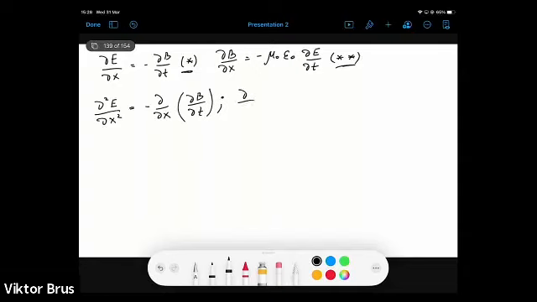So this is d over dt of dB over dx equal to d over dt of minus mu naught epsilon naught dE over dt.